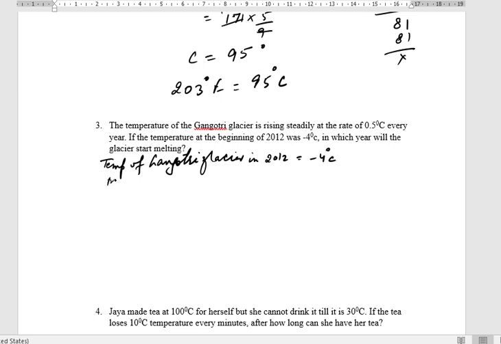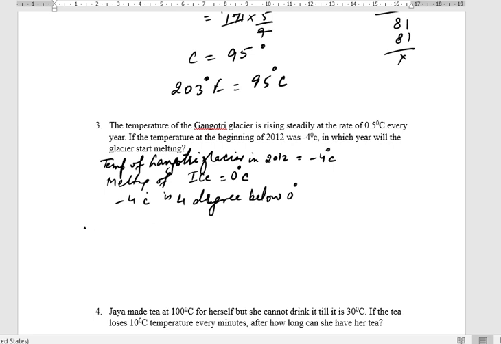Ice starts melting at 0 degree Celsius. Minus 4 Celsius is 4 degree below 0 degree. Okay, so what is required?